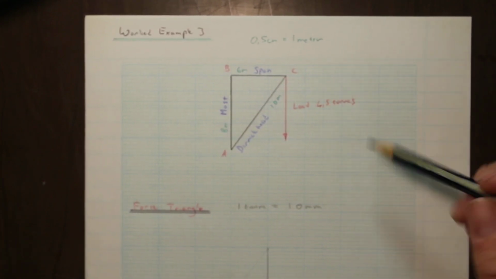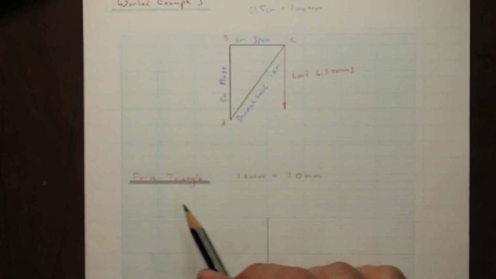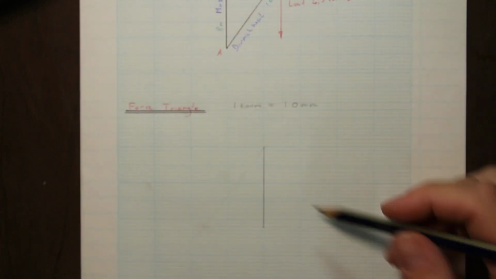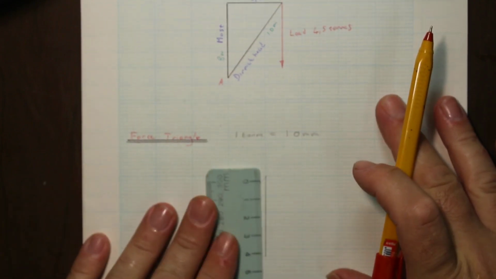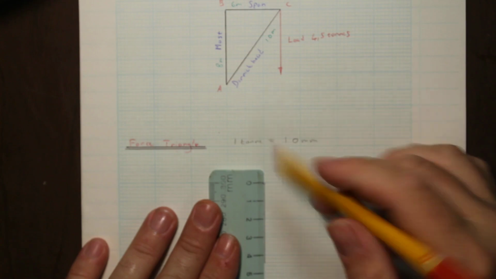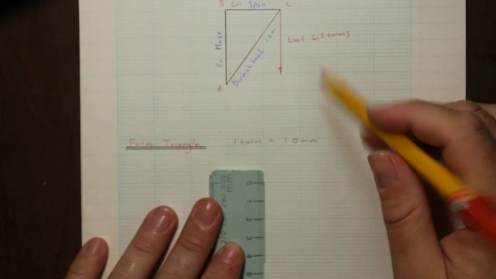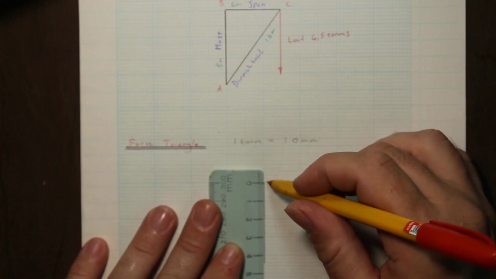All right, so I'm going to have to draw that to some scale. In this case, it's quite easy. For my force triangle, I'm going to say 1 ton equals 10 millimeters, or 1 centimeter. I've already done it faintly here, but you can see. If 1 ton equals 10 millimeters, then obviously it's going to be 45 millimeters, or 4.5 centimeters.